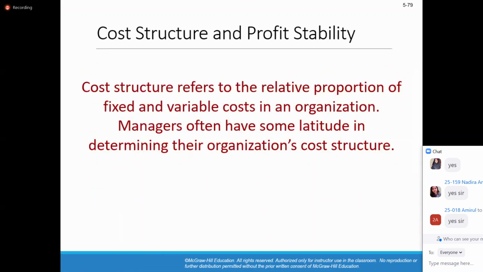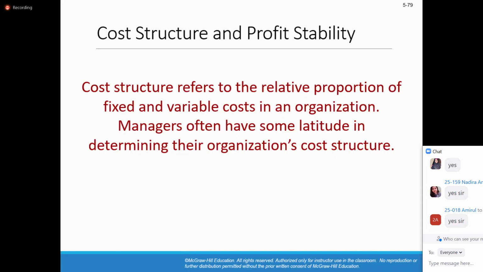Now, next thing we would like to highlight is the cost structure, which is a more interesting thing. Why is this interesting? Because people always face confusion: should I incur this cost as a variable cost, or should I incur this cost as a fixed cost?